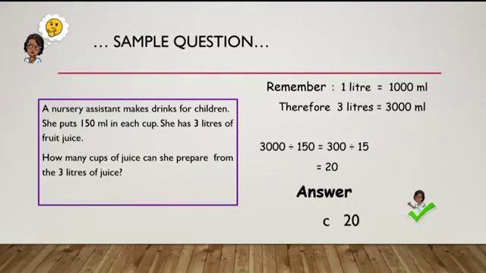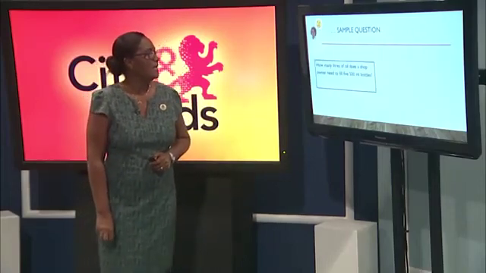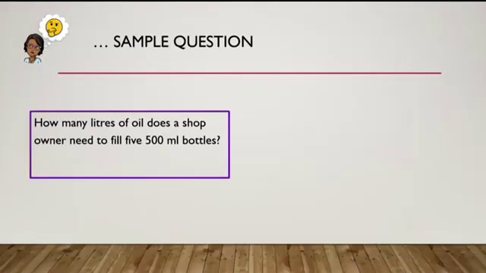All right, let's look at another question. How many liters of oil does a shop owner need to fill 5 bottles of 5 milliliters? How would you go about working this one? He has 5 bottles. Each bottle can hold 5 milliliters.